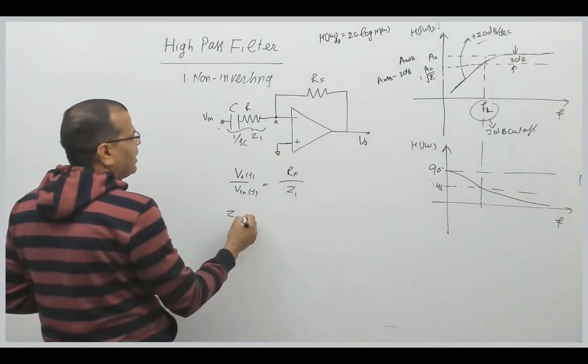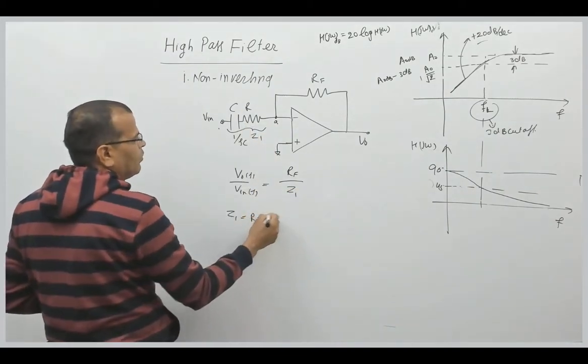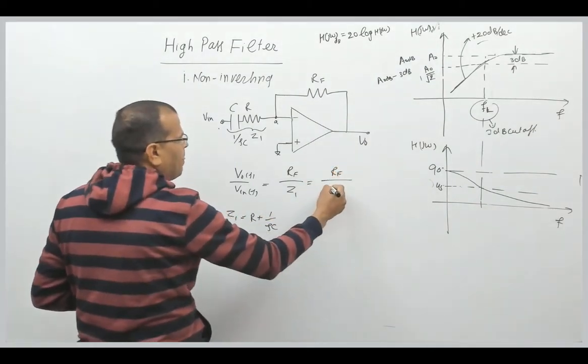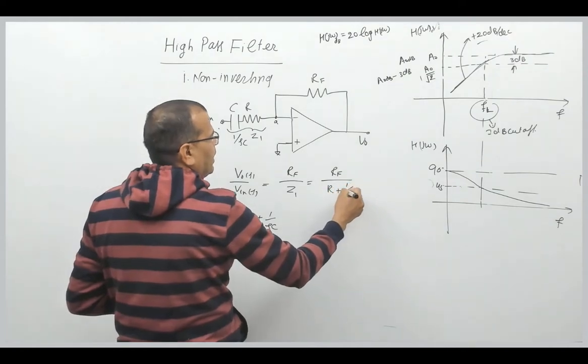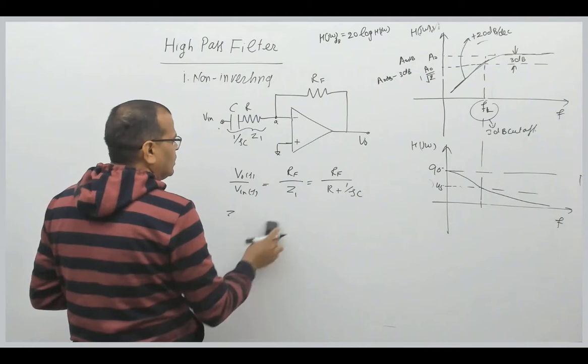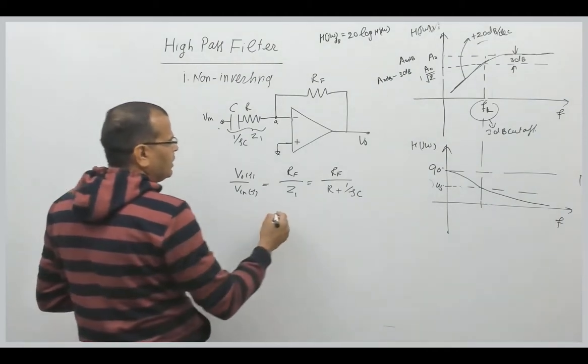What is Z1? Impedance of this branch is R plus 1 by SC, so this is RF by R plus 1 by SC.